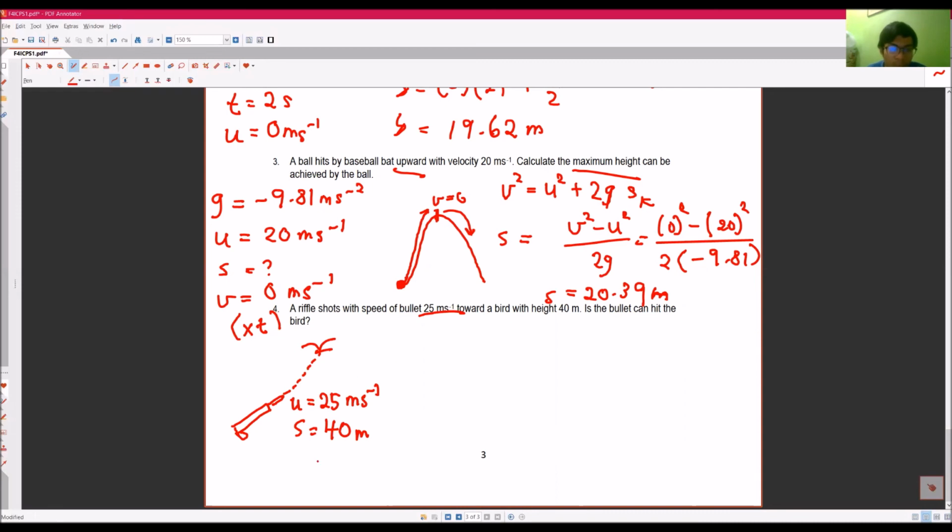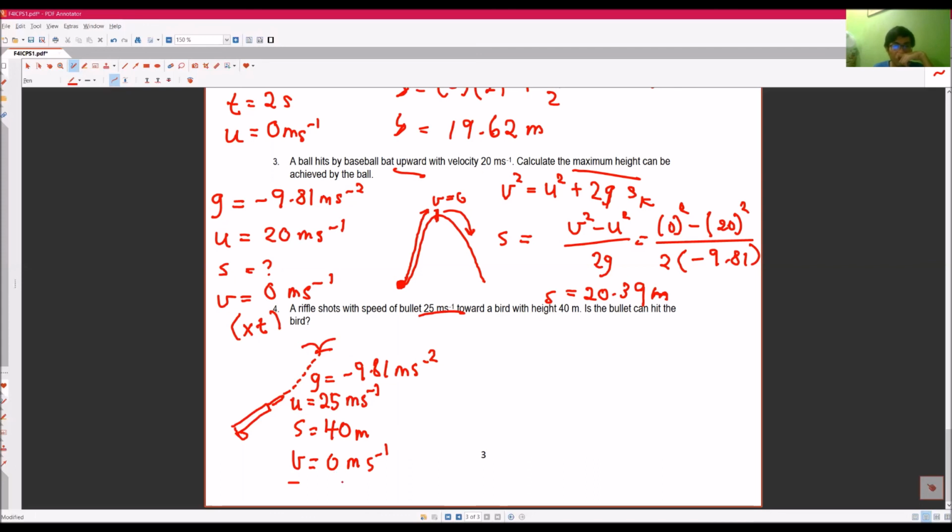Okay, that means we need to find the maximum height when the final velocity is 0. And then g is negative 9.81 m/s square.